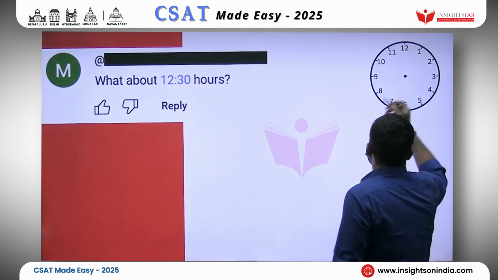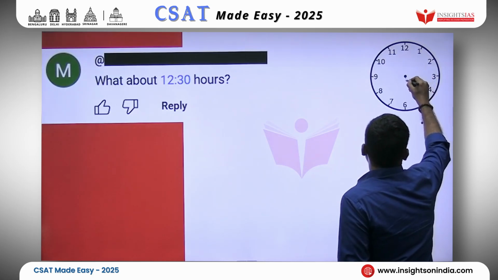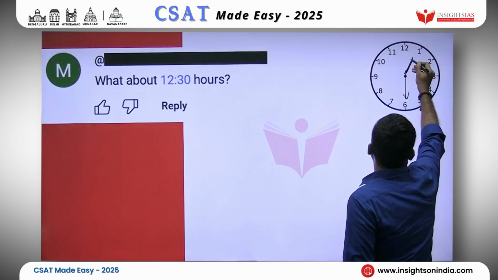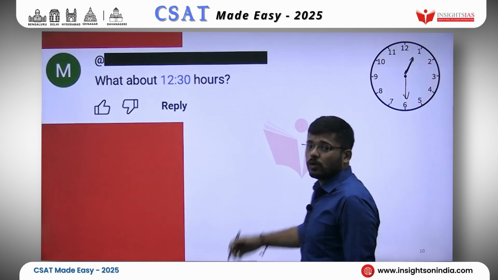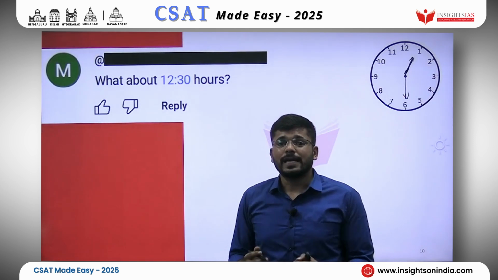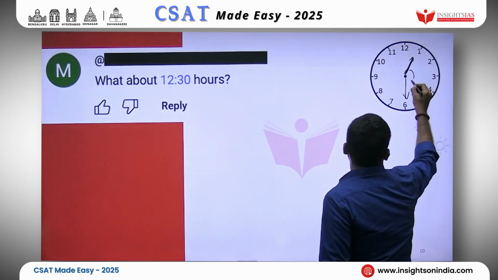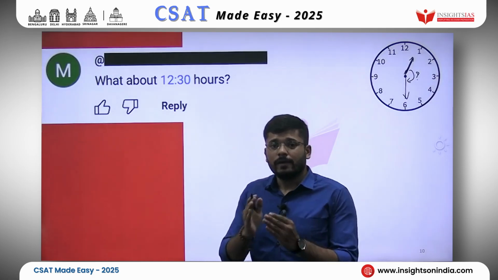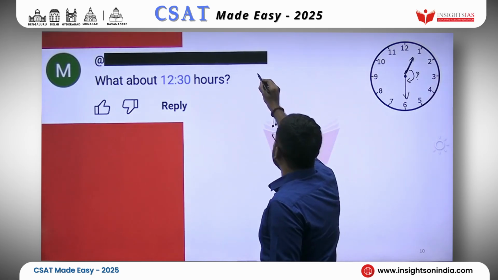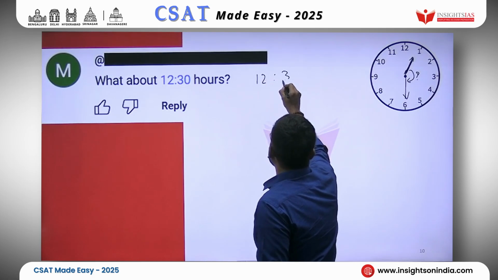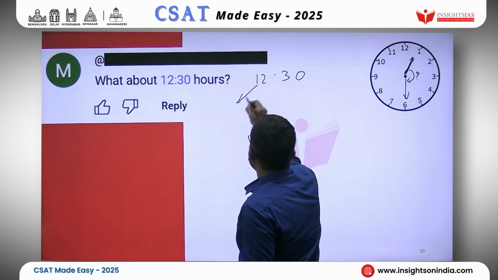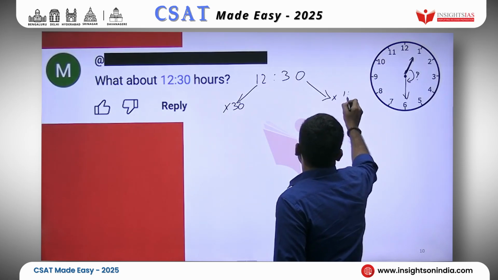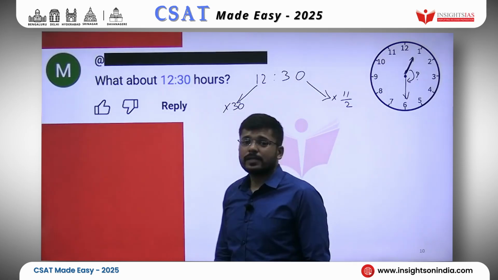Okay. How will the clock look? The clock will look like this, right? Okay. This is what 12:30 looks like. And what is the angle between the hour hand and the minute hand when the time is 12:30? We had discussed in the previous class, for any given time, we will multiply the hour number with 30 and the minute number with 11/2, and of the products we will take the difference.